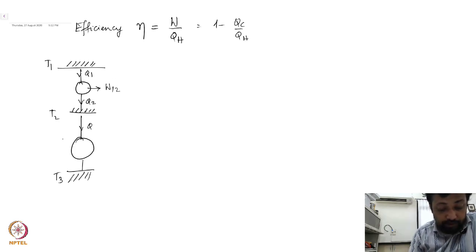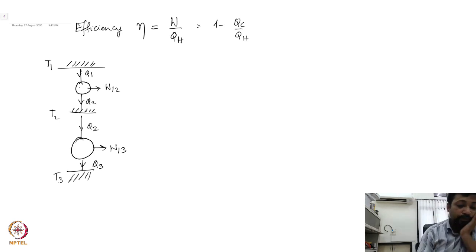This one takes the same amount of heat Q2, does work W23, and dumps an amount of heat Q3. This is what we call Carnot engine 1, and this is Carnot engine 2.